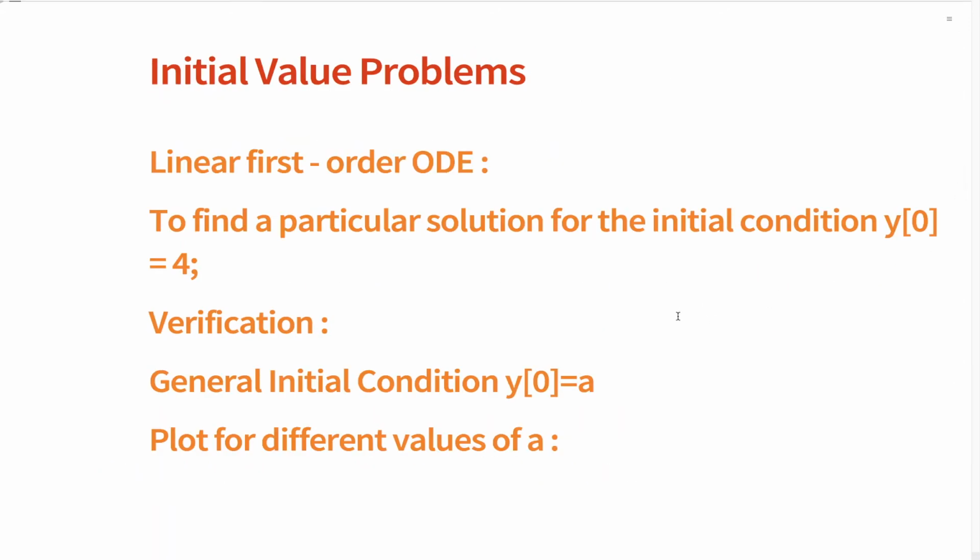Let's take some examples on initial value problems. So DSolve can be used for finding the general solution to a differential equation. And then you can use some initial value conditions to find the particular solution to know about the condition related to the area of application.